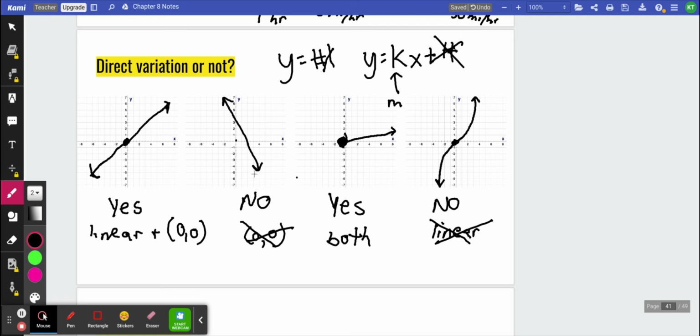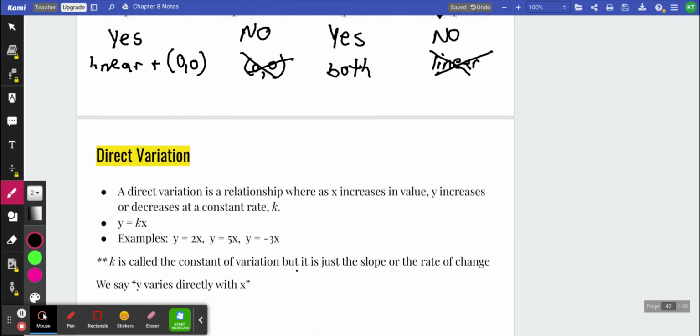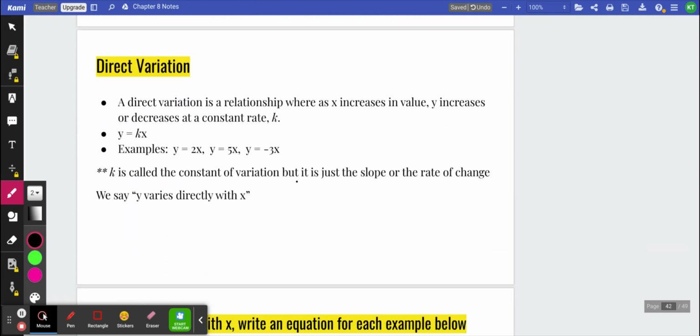So this is going to be a special type of linear equation where there's no plus a number or minus a number at the end. So it's a relationship where as x increases in value, y increases or decreases at a constant rate.